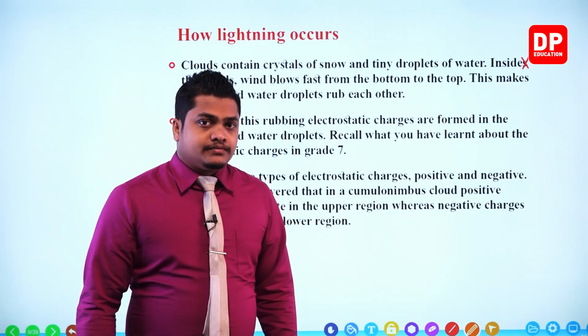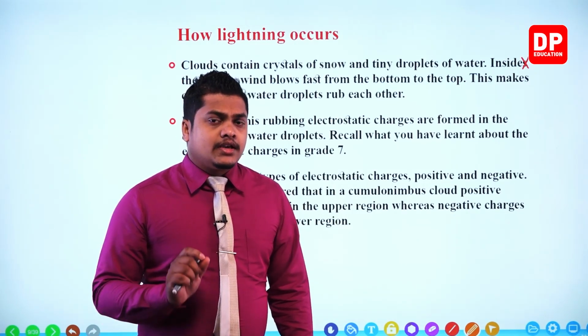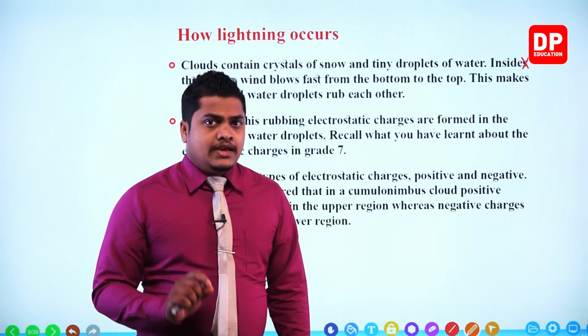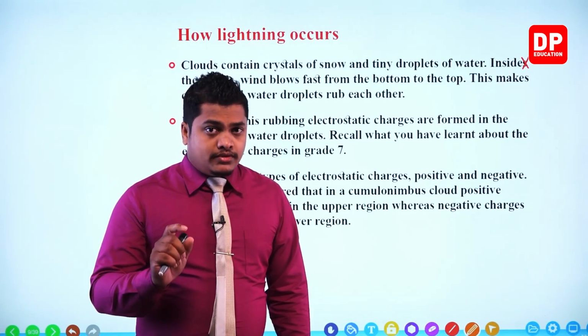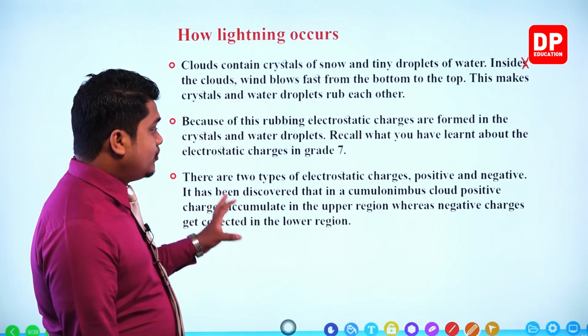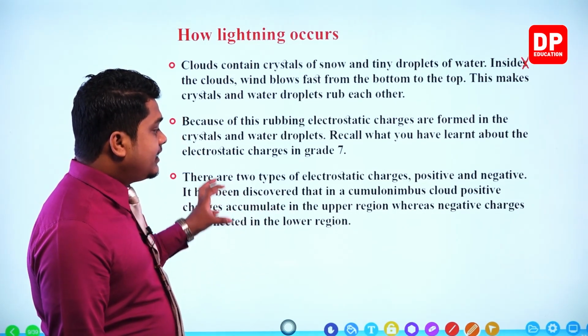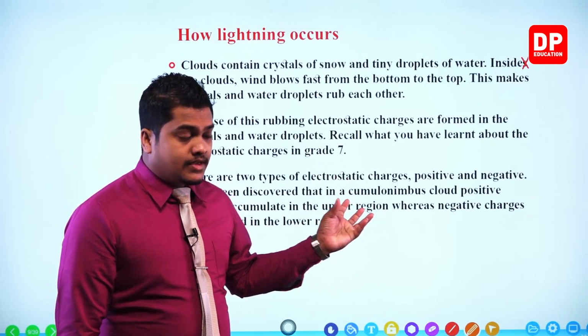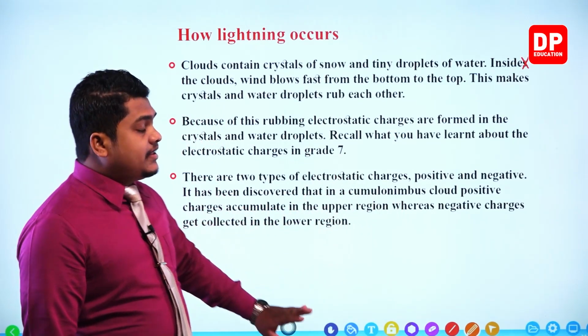The other thing, my dear children, is that if you take a cumulonimbus cloud, it has been investigated and shown that usually positive charges get collected in the upper region and negative charges get collected in the lower region.